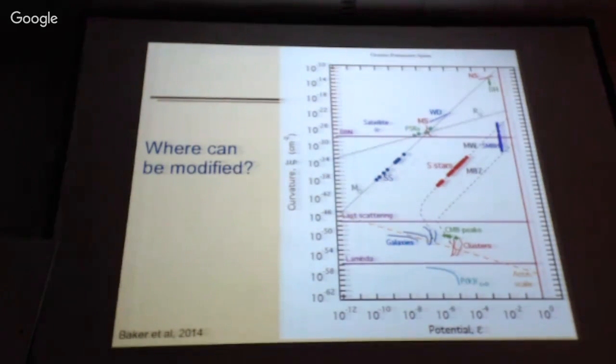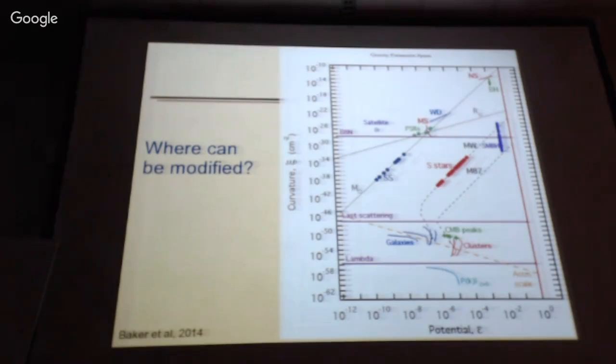So let's start by describing where can we modify gravity. So this is where we have measured gravity. So remember, if I take Einstein equations, I forget about the evolution in time, I only think in terms of spatial gradients. Then my differential equations, Einstein equations, are second-order differential equations.